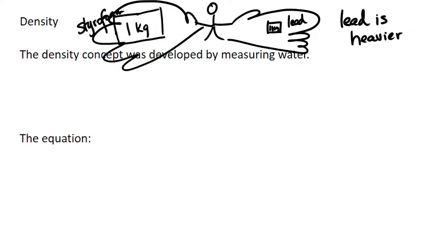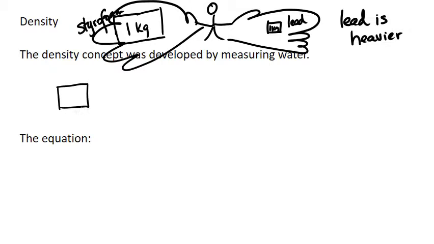The density concept was developed by measuring water, and you're going to find that we use water as an example for a lot of things. We use water to describe a lot of properties and behaviors. So here's what we know.